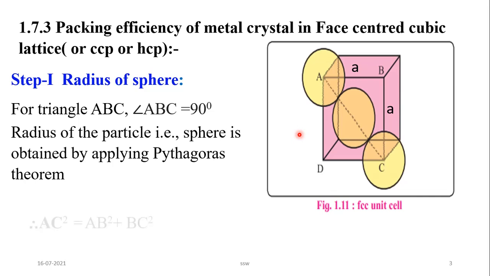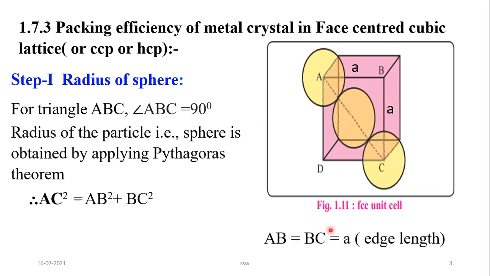So applying Pythagoras theorem, the hypotenuse of this triangle ABC, this hypotenuse AC, AC square is equal to AB square plus BC square.